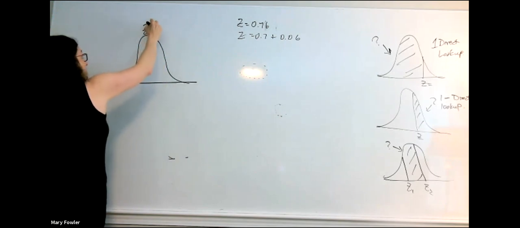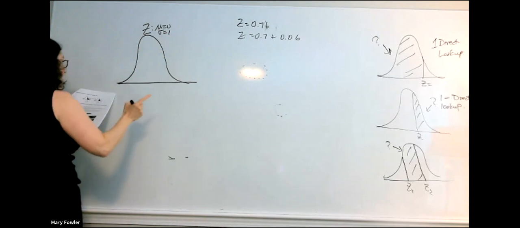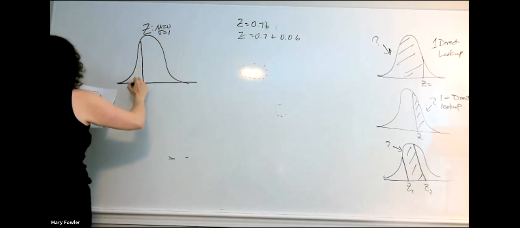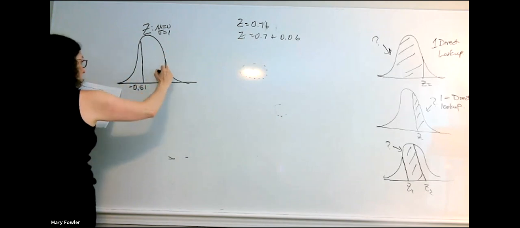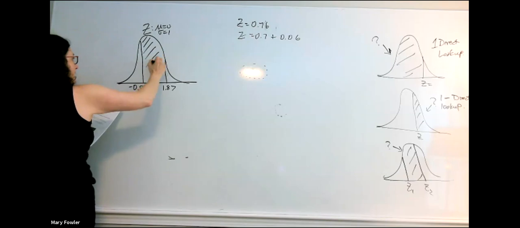So here's my variable, my parameters, my delimiting values. So one of them is negative here. And we're looking for the area between the specified values.